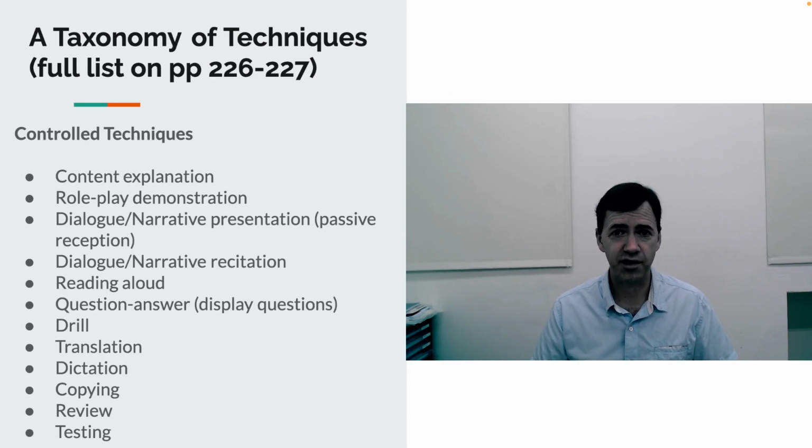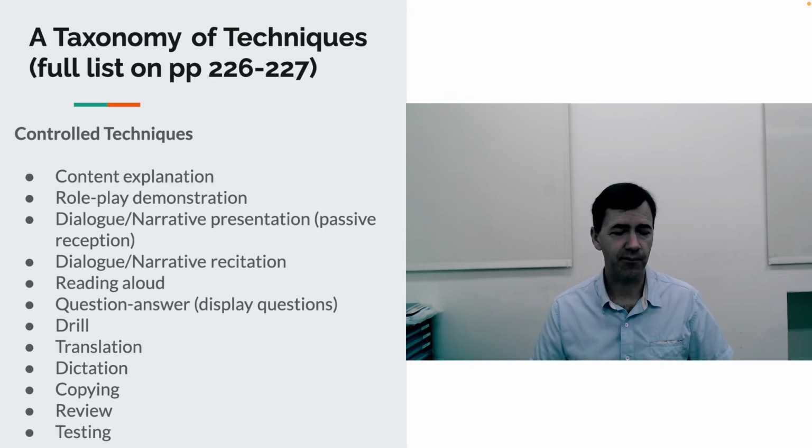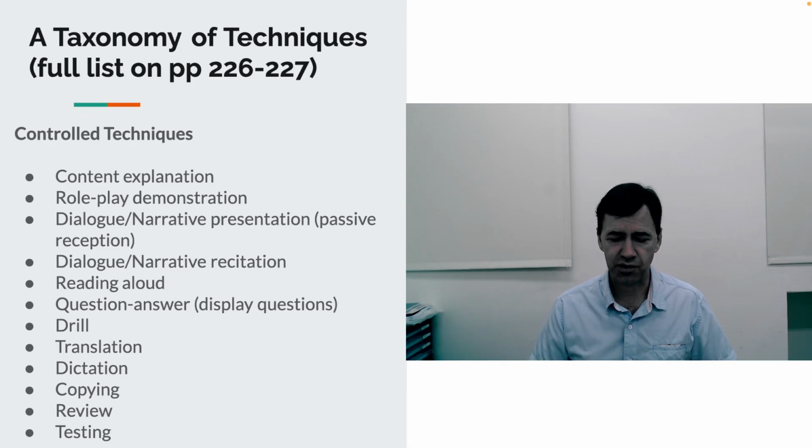So how's the weather today? What's your name? What day is it today? These questions are just for practice only. I already know the answer before I'm asking. Drilling, which we talked about, translating, dictation, copying, reviewing, and testing. These are all different forms of control techniques that you can do in the classroom.